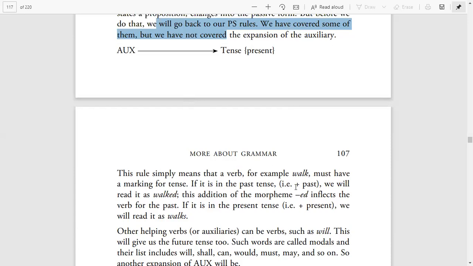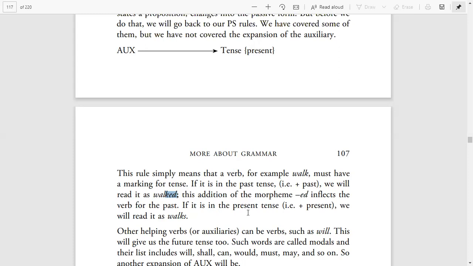If it is in the past, that is plus past, we will read it as walked, right? This addition of the morpheme ed inflects the verb for the past. So we use ed. This is inflection, right? And this morpheme ed inflects the verb, that is walk, for the past tense.